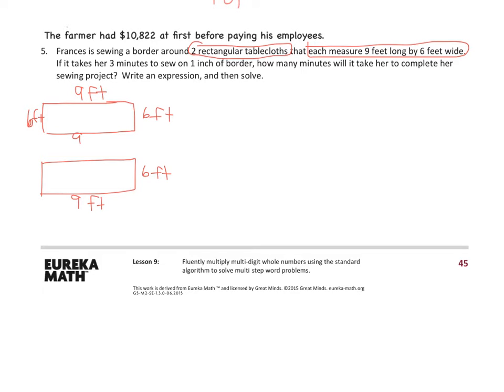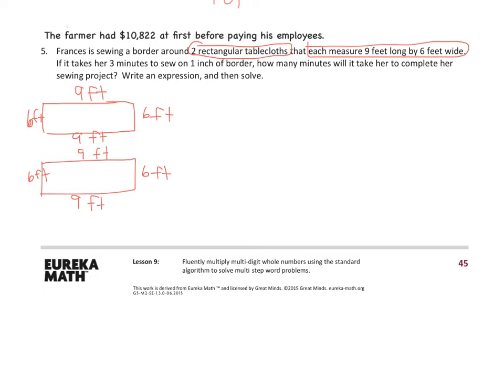because since it's a rectangle, opposite sides of a rectangle are equal length. You can't have one side be a different measure than the other and call it a rectangle. All right, so here is all of our measurements, and we have 2 because it says 2 rectangular tablecloths, and they're in feet. Okay. Now the next part of the question gets a little tricky, so we've got to read it slowly.